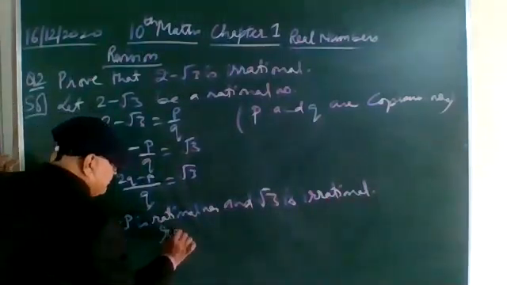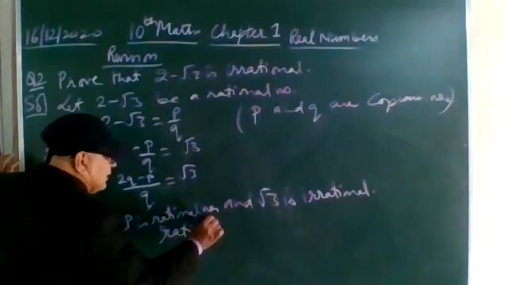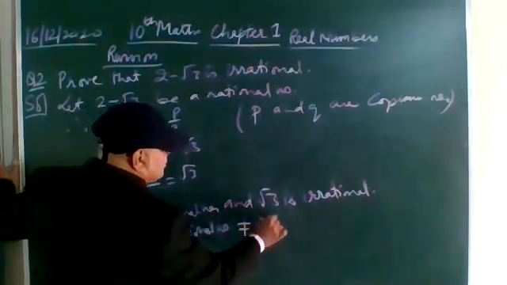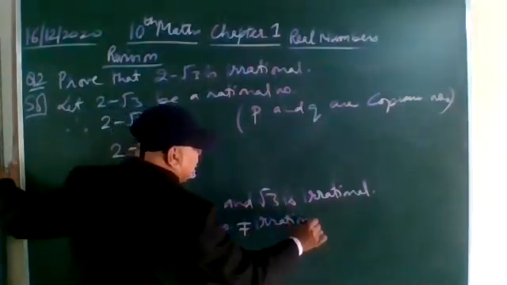A rational number cannot be equal to an irrational number.